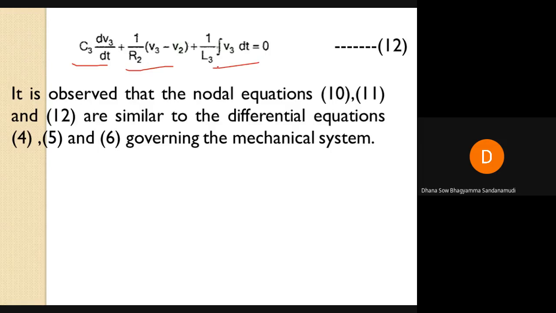So it is equal to 0. Source current is 0 there. Now we have got 3 equations.